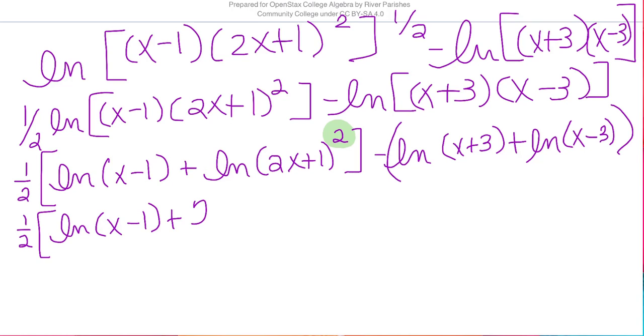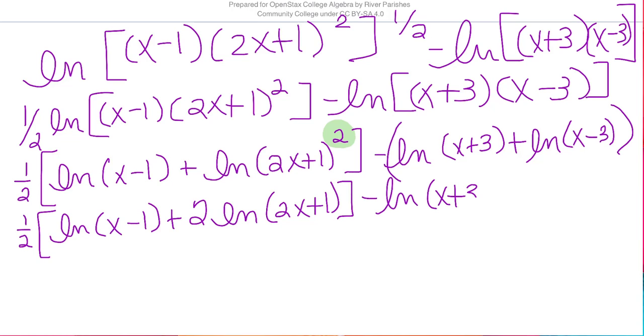So that becomes 2 natural log of (2x plus 1), and 1/2 is still out front. Then I'm going to take this negative and distribute it to each term there. So I get minus natural log of (x plus 3) minus natural log of (x minus 3).